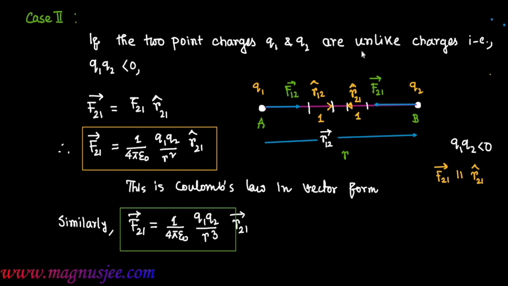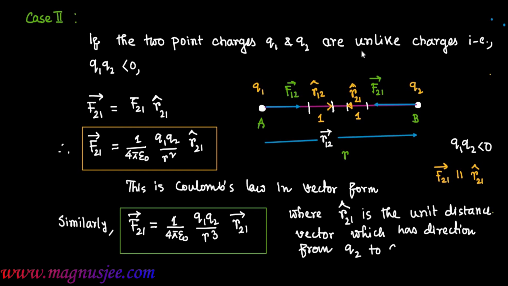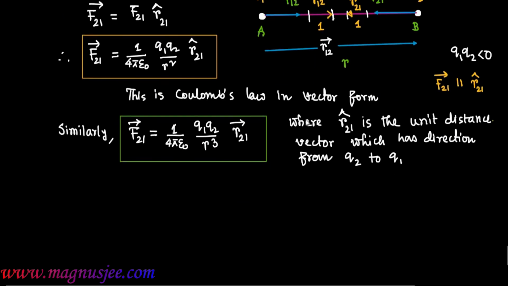Vector r21 is the distance vector of the charge q1 from the charge q2, and it acts towards left, meaning along BA, where vector r21 cap is the unit distance vector which has direction from the charge q2 to q1. That means it acts along BA, parallel to BA.